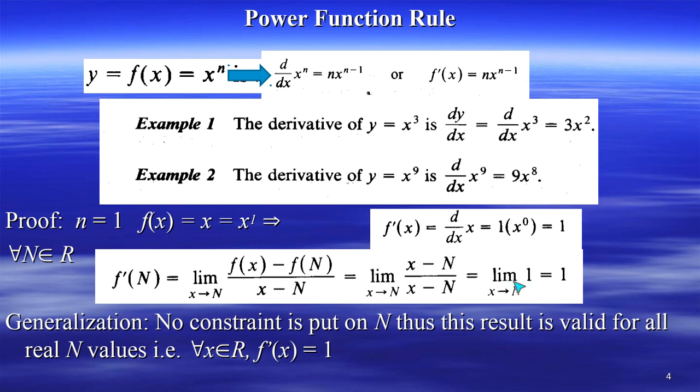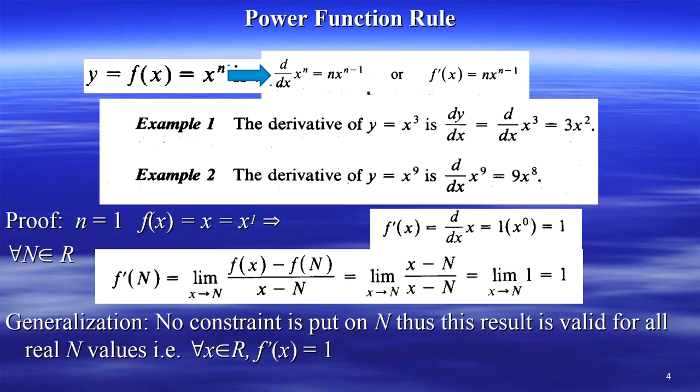So the limit of 1 when x goes to N is 1. You see that the derivative of f of x equals x at the point N is equal to 1. And we can generalize this result. No constraint is put on N. Thus, this result is valid for all real N values. That's to say, for all x's in the set of real numbers. So f prime of x is equal to 1, as we claimed. So this is the proof.